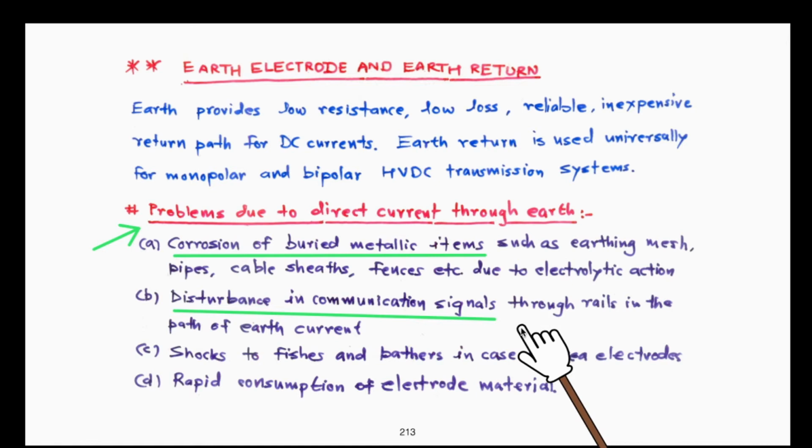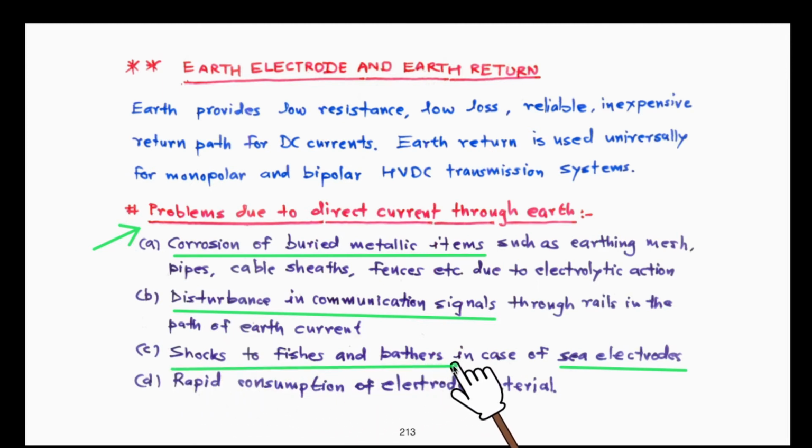In some cases, the flow of current also takes place in the form of sea electrodes, wherever the current is to be sent from one end to another through a section of sea over a long distance. Sea electrodes may be hazardous, and may prove to be a shock to the marine life and also to the people who come in contact with the seashore.